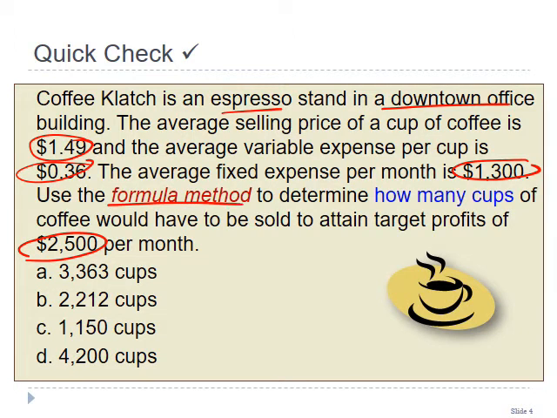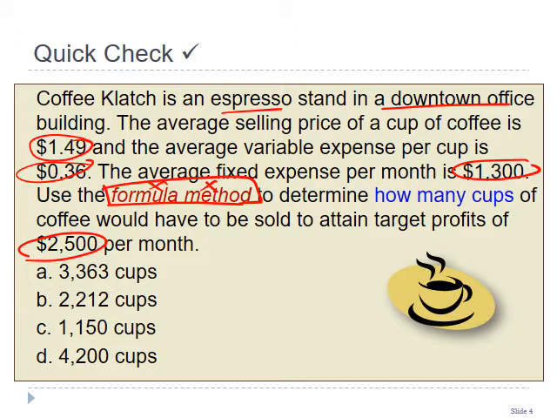You can use either the equation or formula method. It's not required for you to remember all of these. Just use whichever method you can remember. So at this time, just remove the requirement from this quick check and try to solve it.